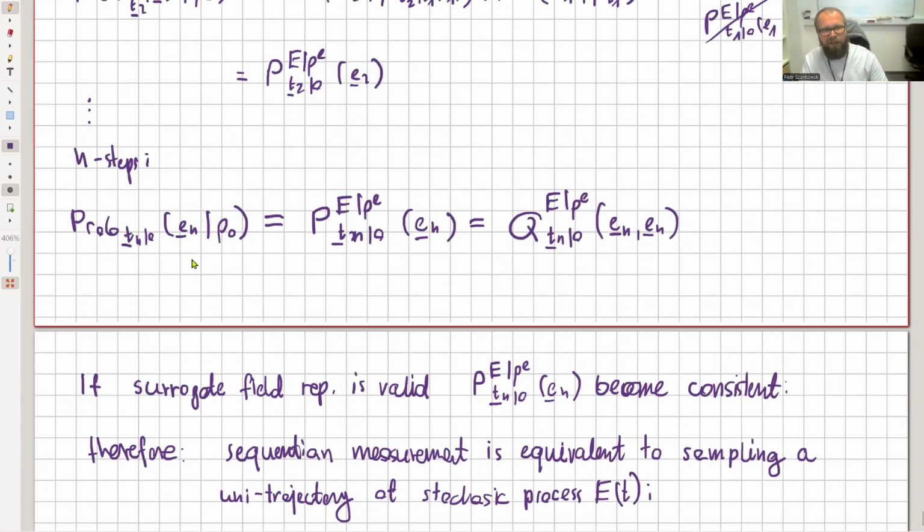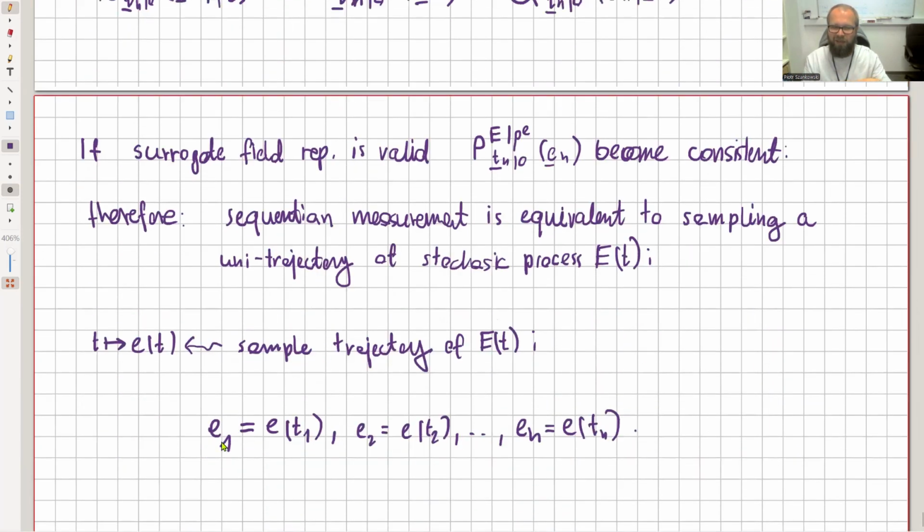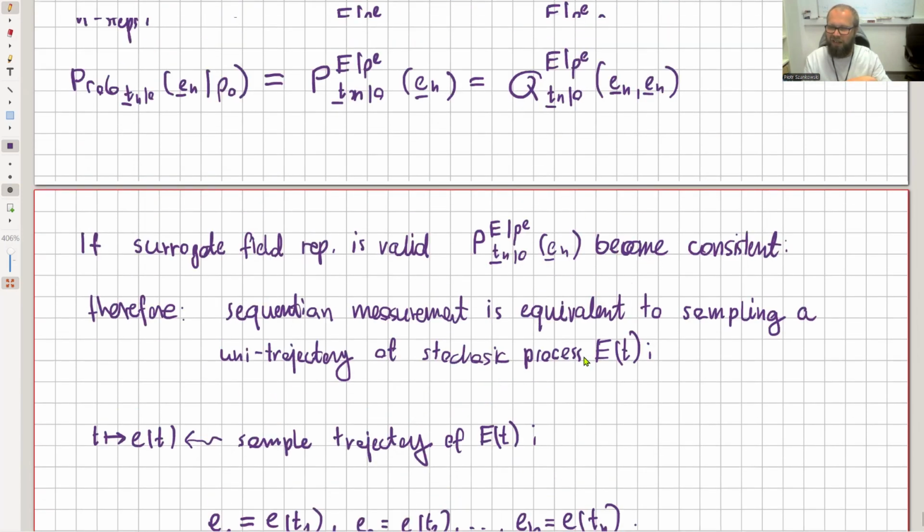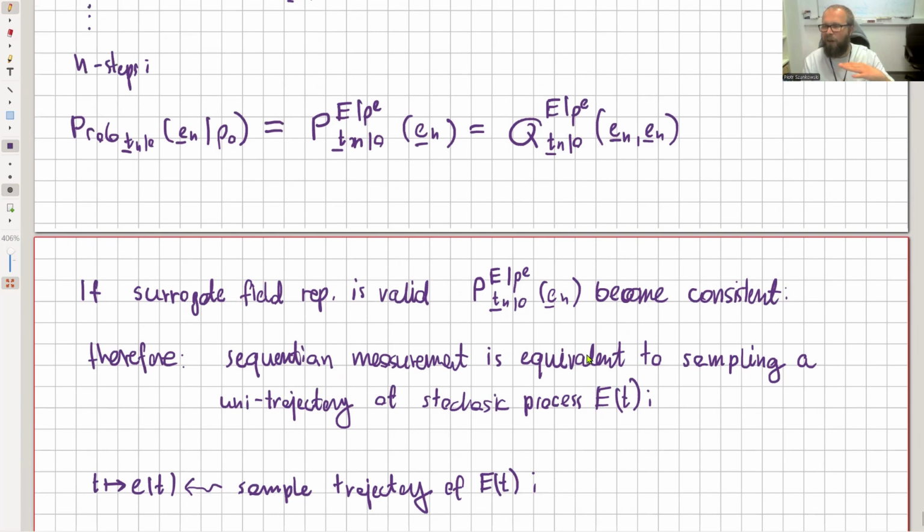So the fact that the probability of observing a given sequence is the same as the probability of sampling specific values for a trajectory of process E, right? It means that the observations of the classical observer are also like observations of a quantum observer, right?